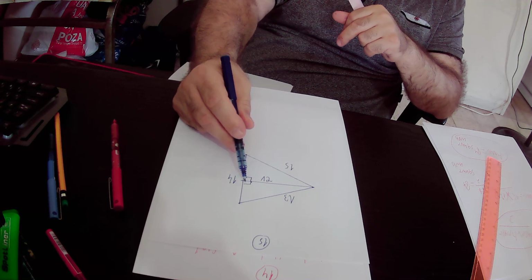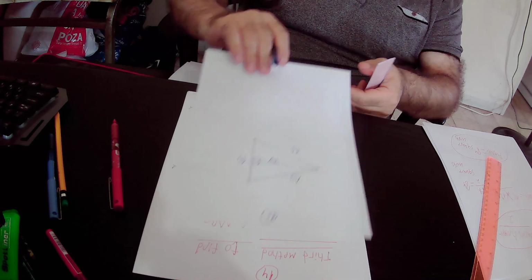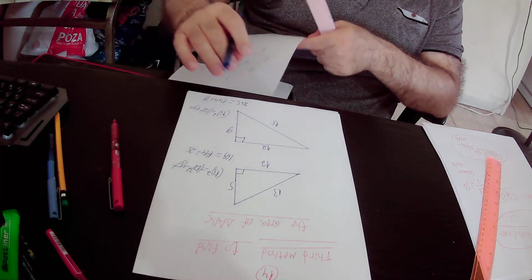So again, this is the triangle ABC that we received after we combined those two triangles together.